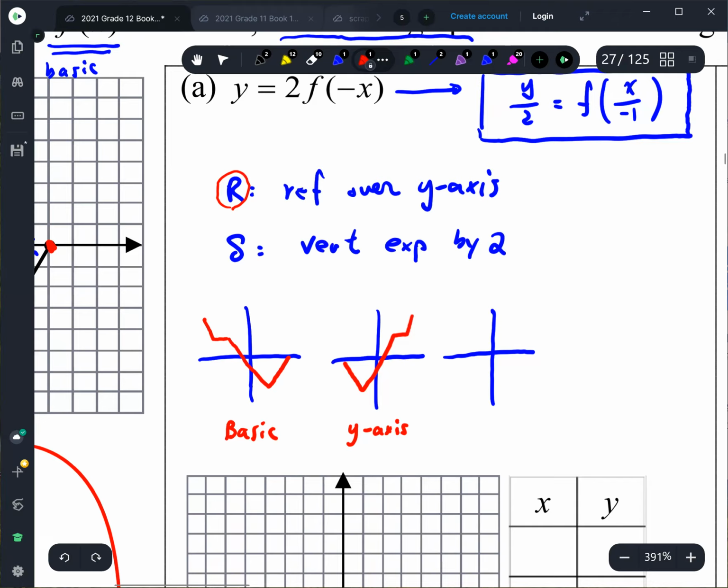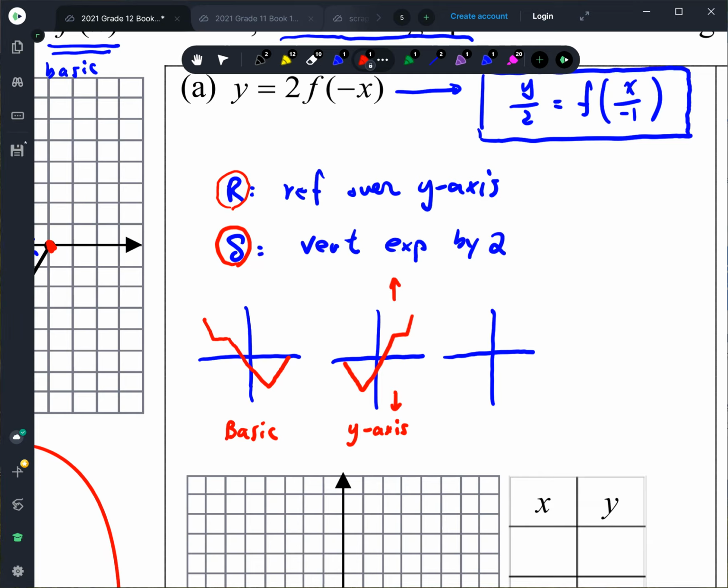Okay, so we'll look at the last one. Now the next part, we want to vertically expand. Vertical means up and down. So we want to make it bigger. Expand means bigger. So I want to stretch this way. We're pulling the strings, so everything will become taller.